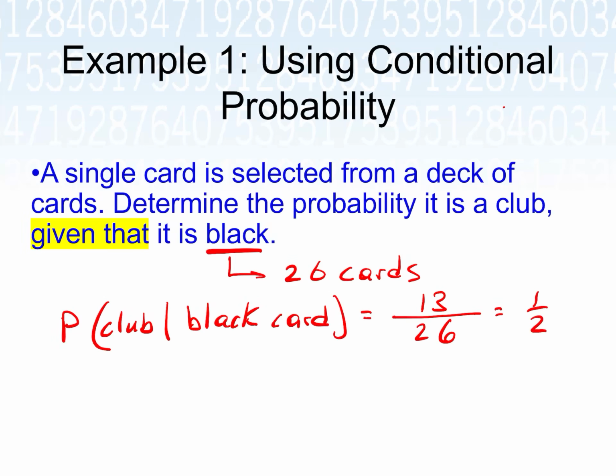It's a 50-50 proposition that you're going to draw a club given that the card selected was a black card, because there are only 26 black cards and the clubs are 13 of them. So like I said, pretty straightforward. You get to use your intuition and your common sense, and I think on the next slide you're going to see the formula, which I think is way too much information.